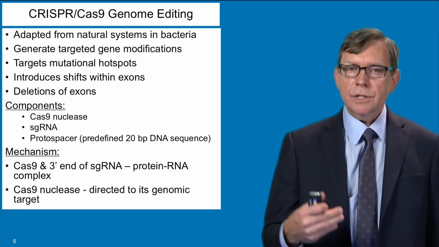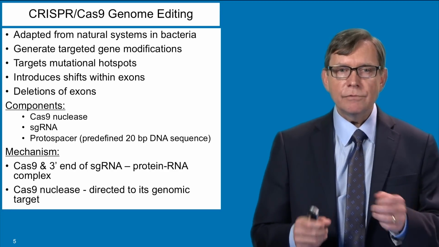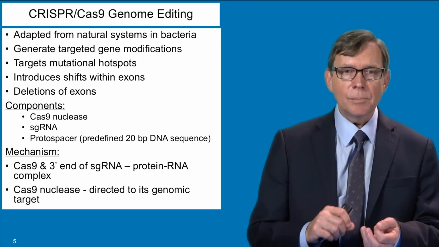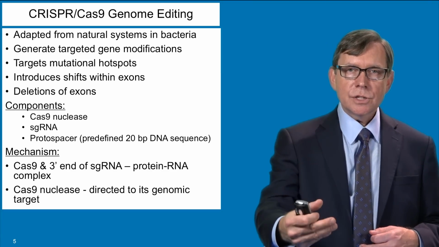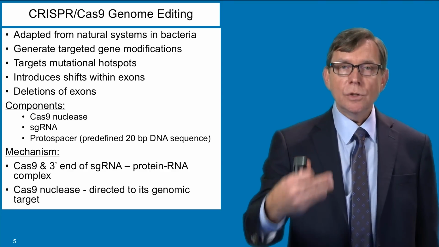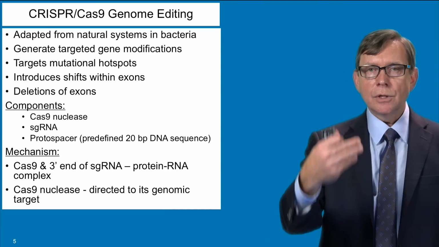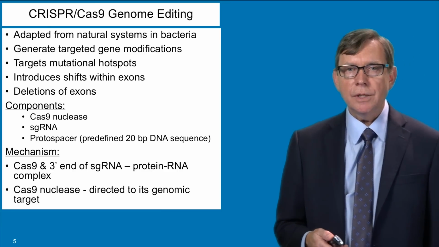So the way this works is that the Cas9 nuclease and the 3' end of the guide RNA form a protein RNA complex that targets the Cas9 protein to a specific region of the DNA, and then the nuclease activity in the Cas9 protein is able to clip DNA at a specific point.